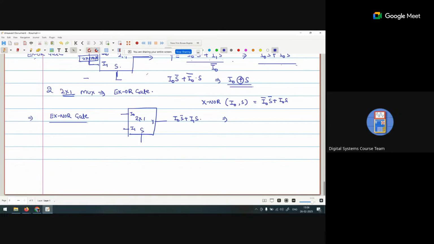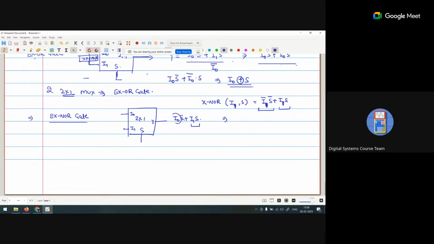If I put I1 in place of I naught, it is I1 bar S plus I1 S. I1 S we already get. What we require is I1 bar S bar, the S bar we already have.